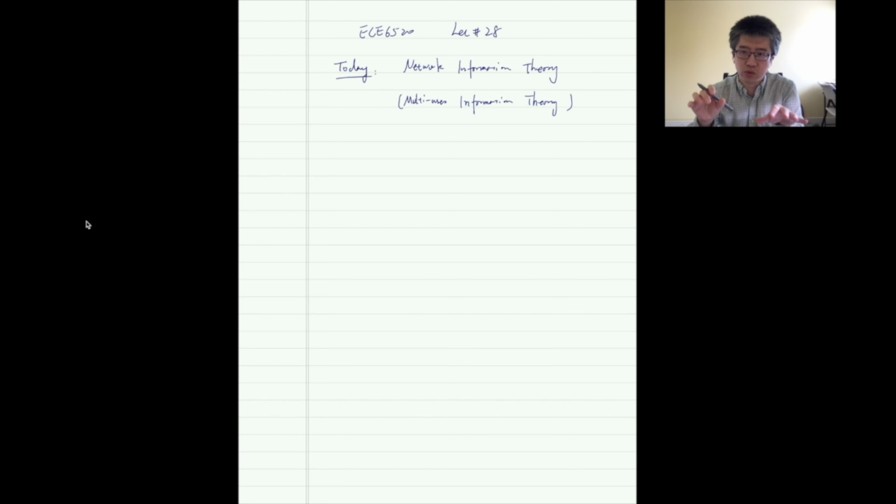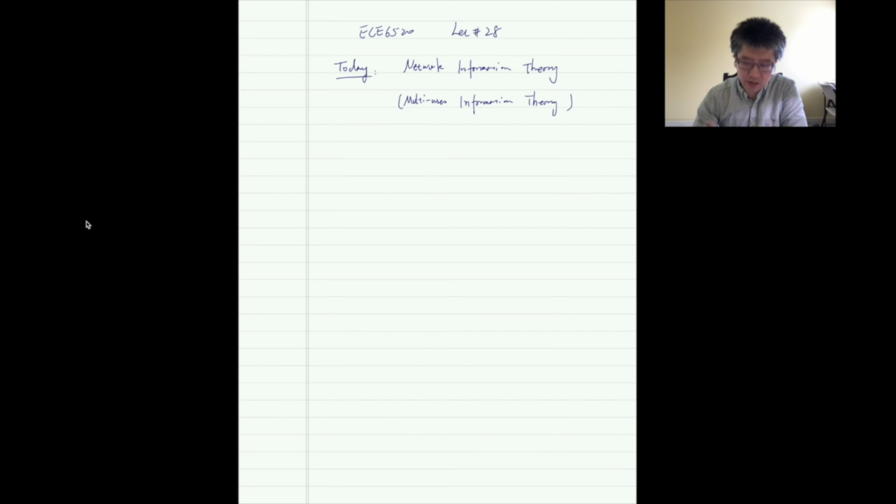We have one transmitter and one receiver, with or without the channel. But for network information theory, we're considering more than two nodes. That's basically the meaning of network: usually the number of nodes is more than two.